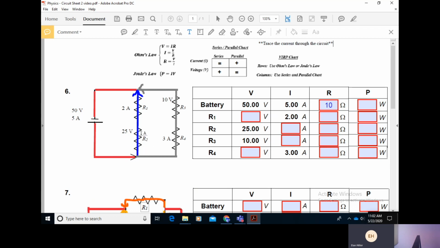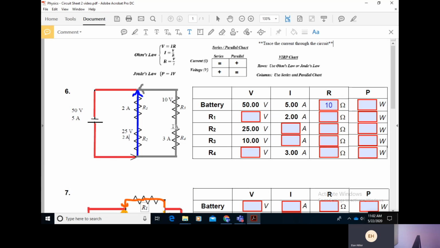However, how much current is going across R2 and R3? Well, let's take a look at this. Current in a series circuit is the same. So if there's 2 amps of current going across R1, R2 also has 2 amps of current because they are on the same series pathway.